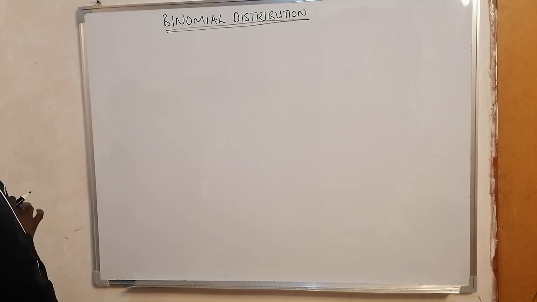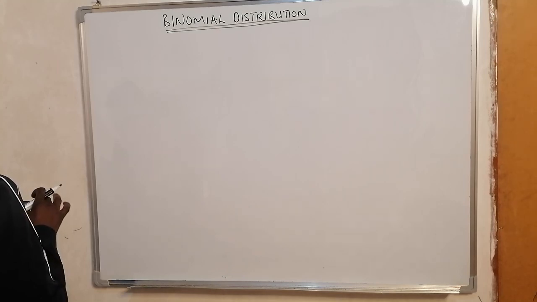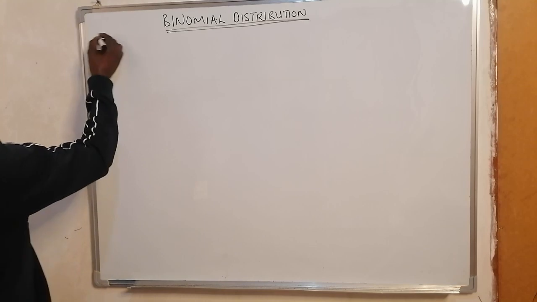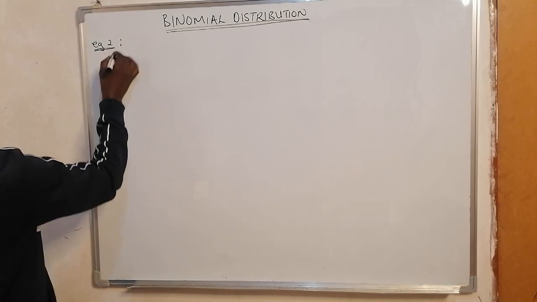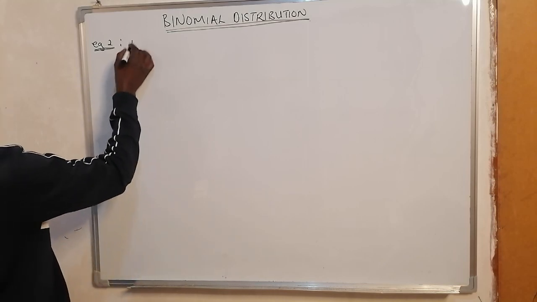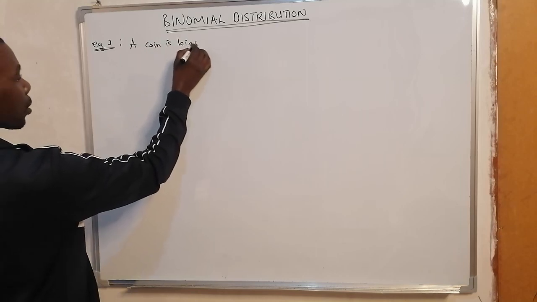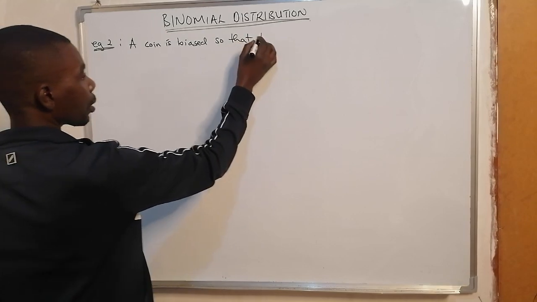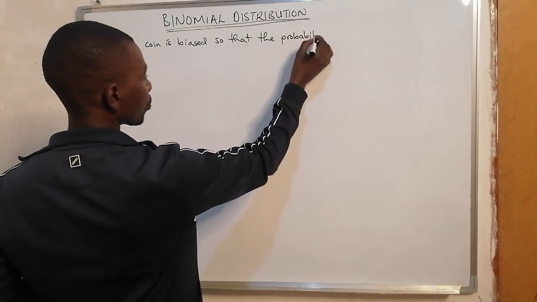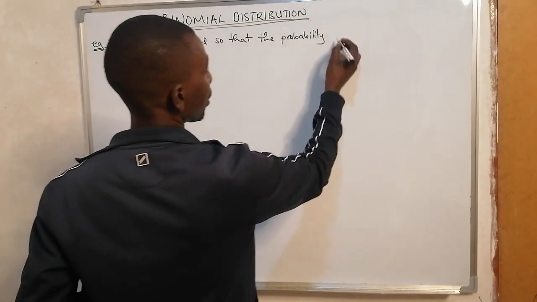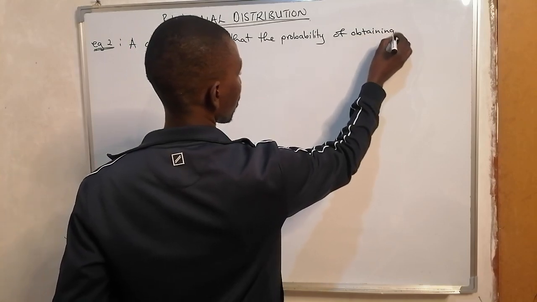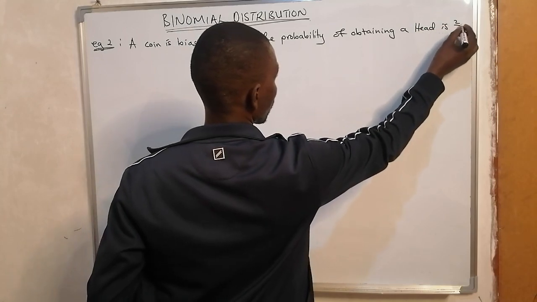Question. Example number 2. A coin is biased so that the probability of obtaining a head is 2 over 3.